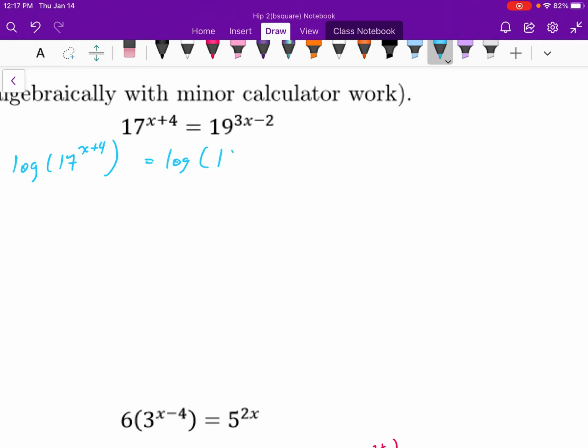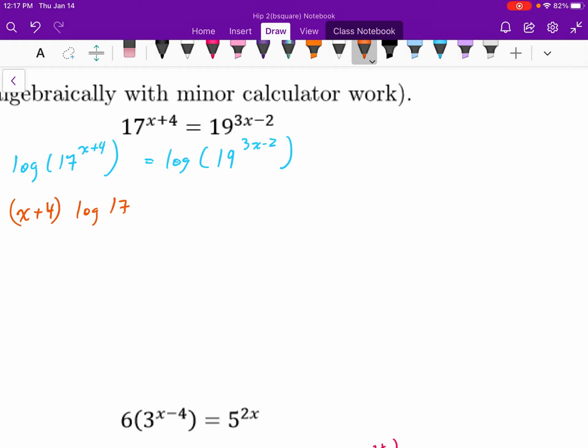So log of 17^(x+4) is equal to the common log of 19^(3x-2). And what I'm going to do now, this is a little bit difficult, but now I'm going to use the power law for exponents.